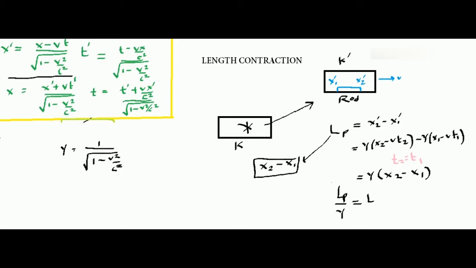Proper length is the length measured in the frame itself. Since the rod is in the moving frame, whatever length the person in the moving frame measures of the rod is the proper length. And this L is the length measured by the person in the other frame. Agreed? So remember this formula, and let us try to solve a problem to understand more.